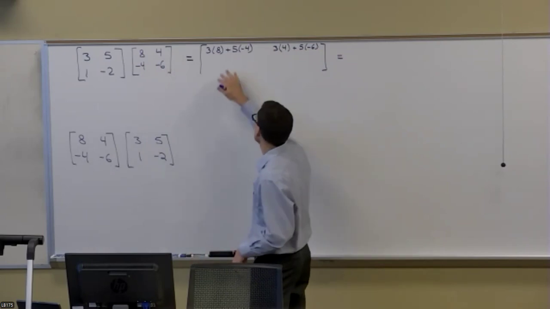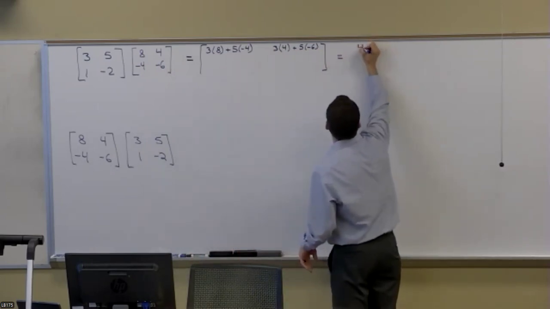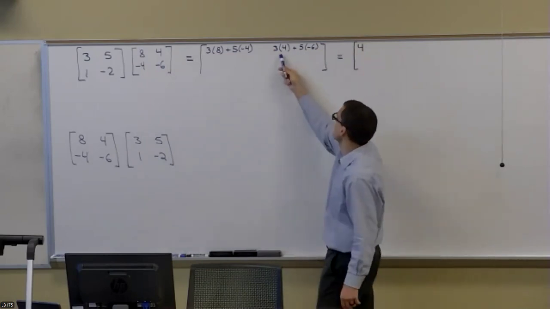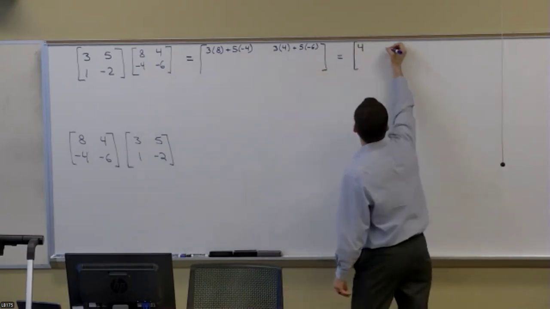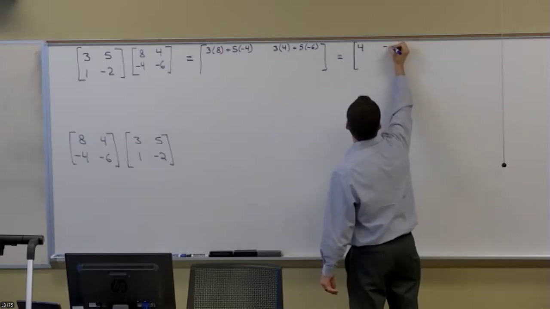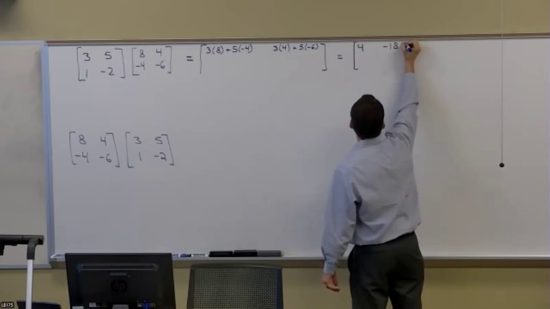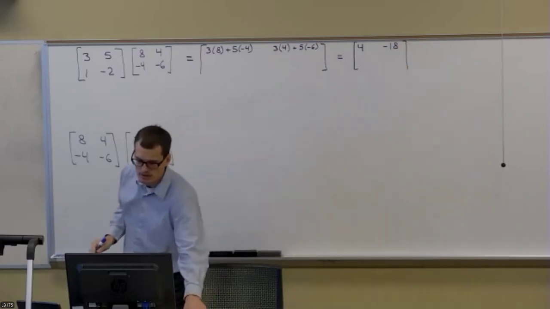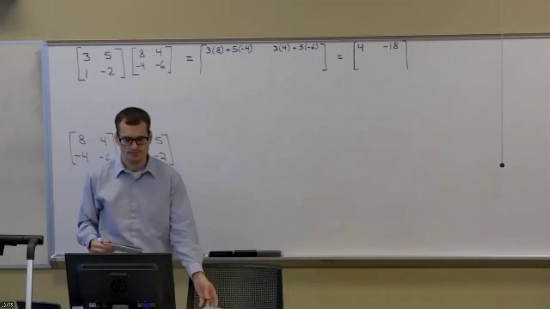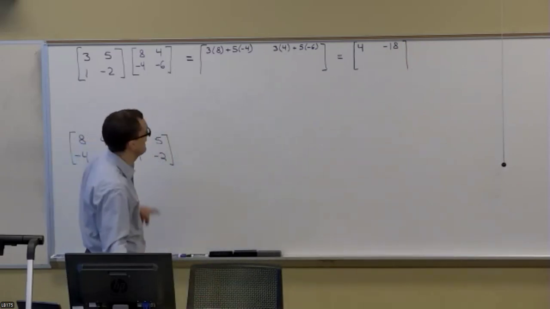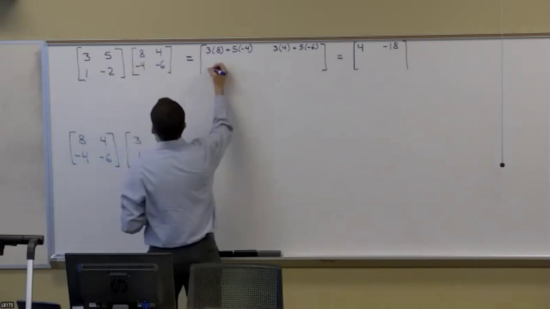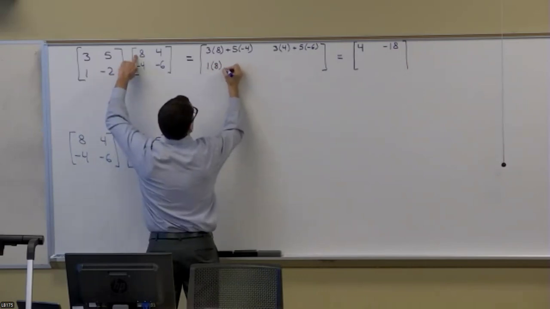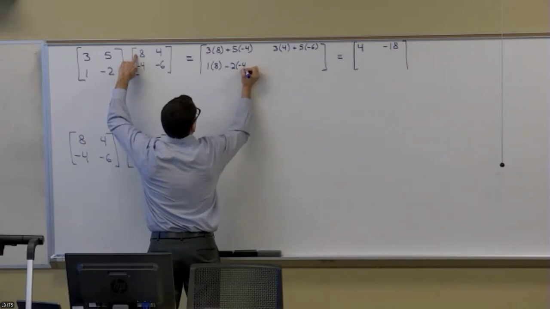That's 24 minus 20 is 4, I believe. Then we get 12 minus 30. That's a negative 18. Then we take the next row times that column. 1 times 8 minus 2 times negative 4.